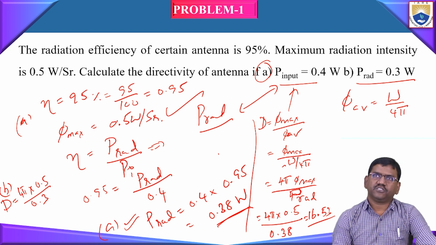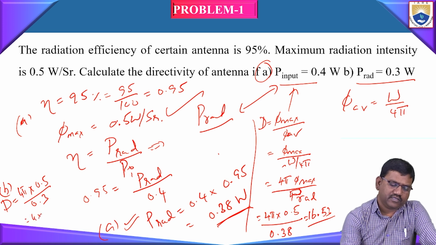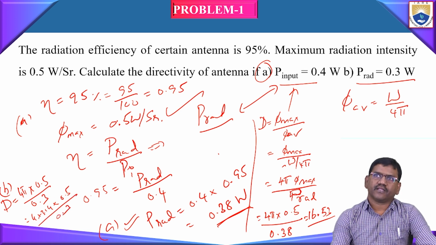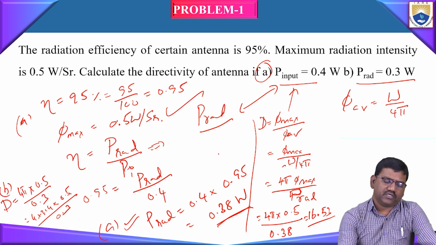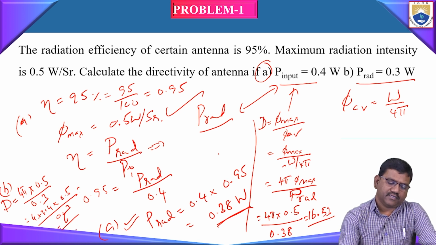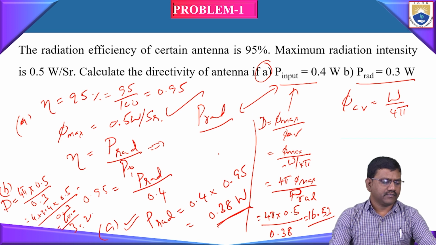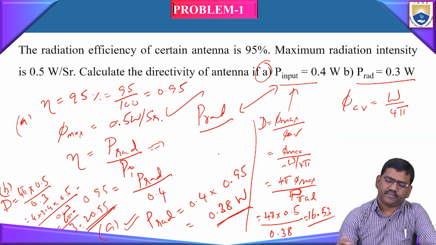So 4 pi into 0.5 by 0.3, if you simplify, this is equal to 4 into 3.14 into 0.5 by 0.3. 4 3s are 12, and 12 by 2 means approximately 6, and 6 by 3 means 3 by 10 into 10. So approximately 60 by 3, you will get 20 point something. So here you will get D is equal to 20.95 for the B bit.